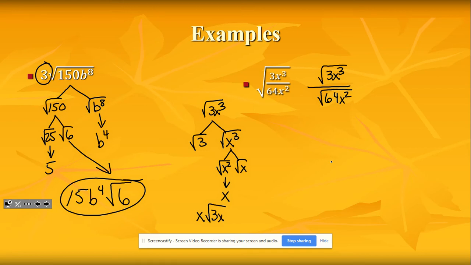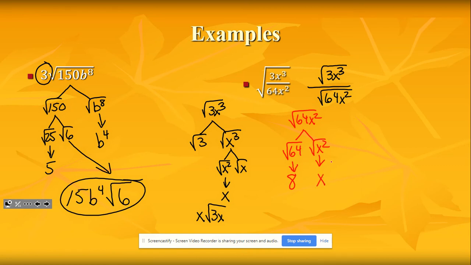For the bottom, we have radical 64x squared. That can be broken into radical 64 and radical x squared. Now, radical 64 is a perfect square, so that becomes 8. Radical x squared is also a perfect square. That becomes x.